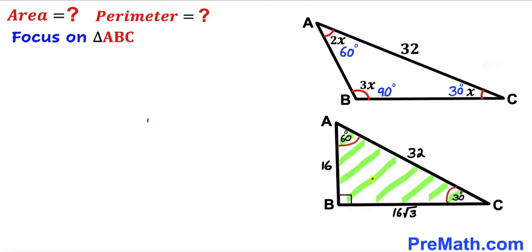And now let's focus on this triangle ABC. Now we are going to calculate the area of this triangle. Let's recall the area of a triangle formula. Area equals a half times base times height. In our case, this side length is the base of this triangle, and this side length is the height.